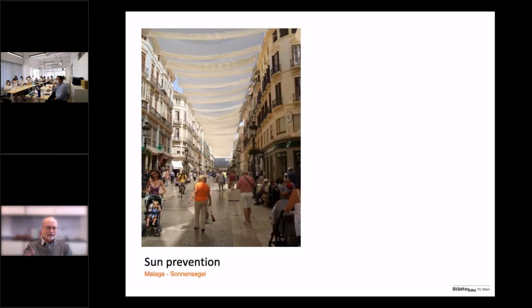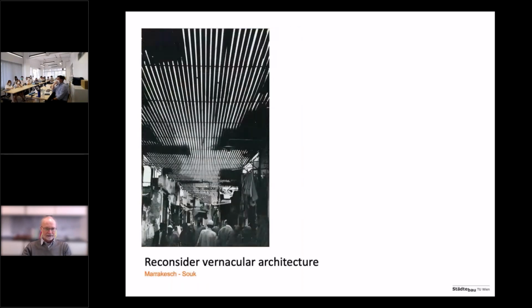Even now, we try to implement some additional facilities. Malaga is an example to have a kind of semi-shaded public space, at least in the pedestrian areas. And we can look, of course, to the north of Africa, where the people knew how to deal with hot climate since a very long time.